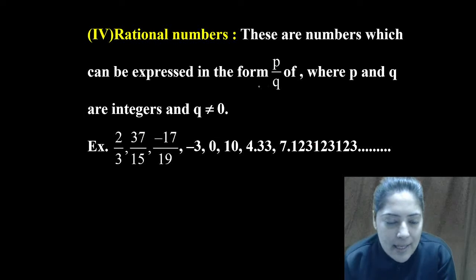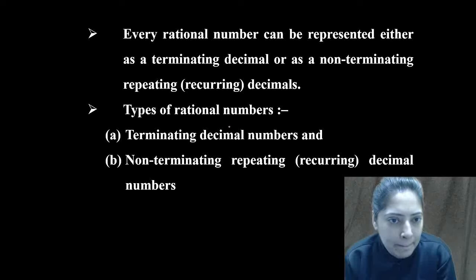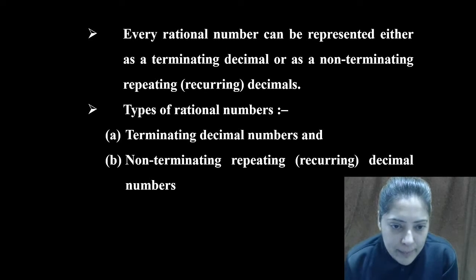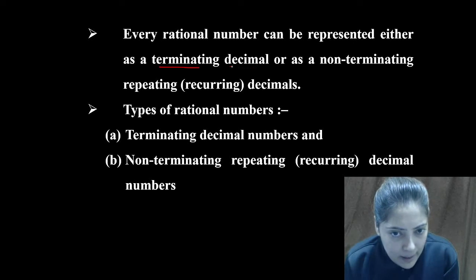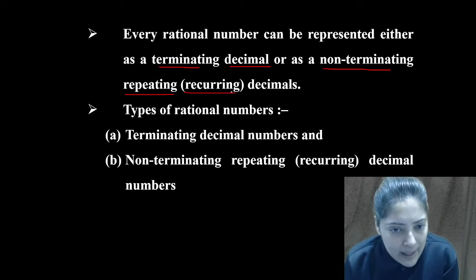रैशनल नंबर्स, एज आई सेड, रैशनल नंबर्स की अब वी आर गोइंग टू डू अ न्यू डेफिनेशन ऑल्सो. बट अभी तक हमें क्या डेफिनेशन पता है, whenever a number is there of the form p by q and q is non-zero, तो वो हमें पता है कि एक रैशनल नंबर होता है. लेकिन अब हम जो डेफिनेशन करने जा रहे हैं, which is a new definition for you, is every rational number can be represented either as a terminating decimal, मैं अभी इसको एक्सप्लेन करूंगी, and a non-terminating repeating या recurring decimal.